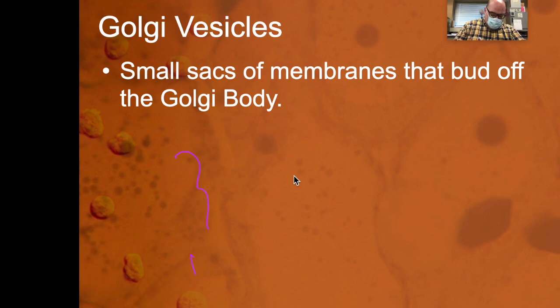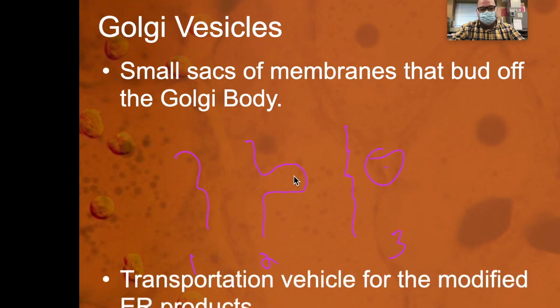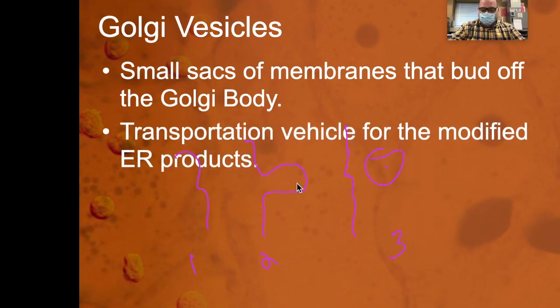Here's step one. Step two is you'll see this membrane extension, and then it pops off, and both sides close up. So the things from the, like we just said, the things from the endoplasmic reticulum. All right, we'll stop here.